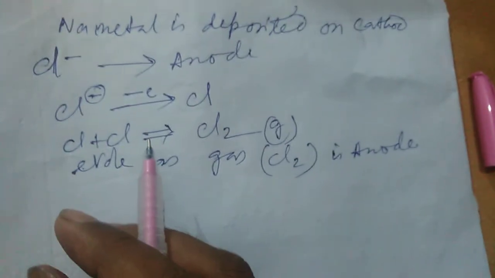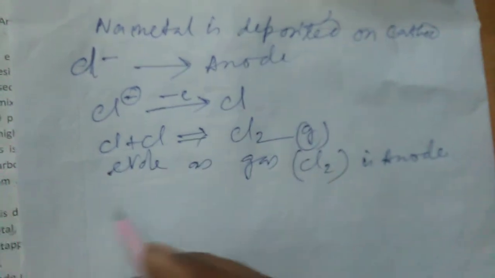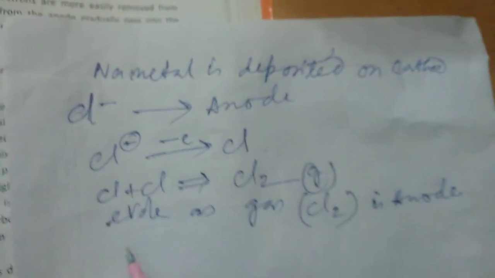So if we put a glass jar on the anodic plate, we will get Cl2 gas.